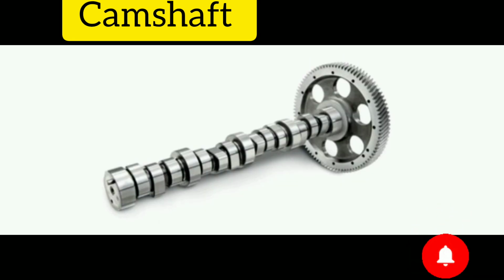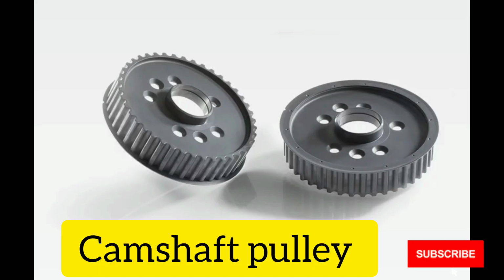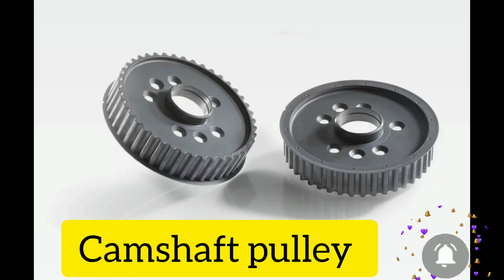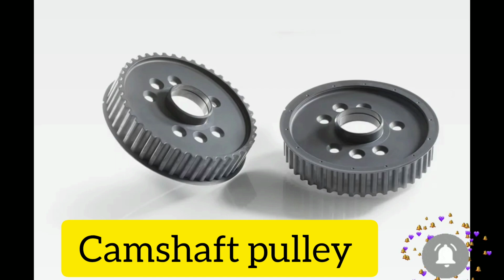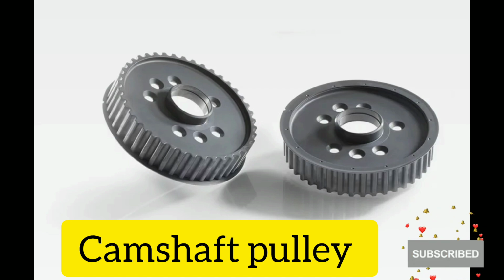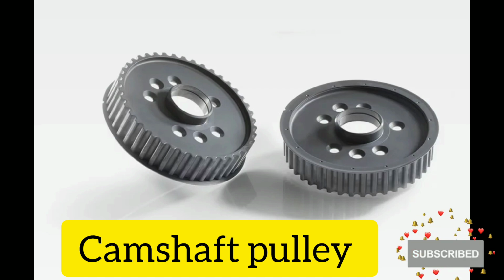That is what a camshaft does on an engine, and this is what we call a camshaft pulley, which is driving the camshaft via a timing belt which is coming from the crankshaft. The camshaft pulley drives the camshaft via the timing belt by getting motion from the crankshaft. That is what a camshaft pulley does in the engine.